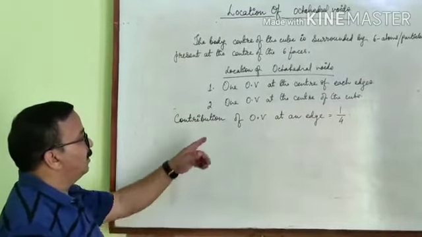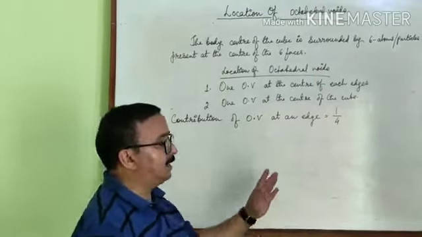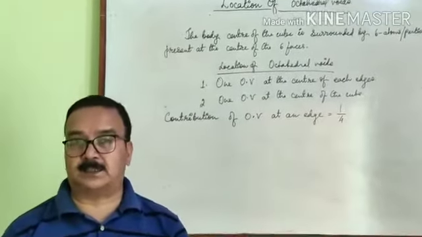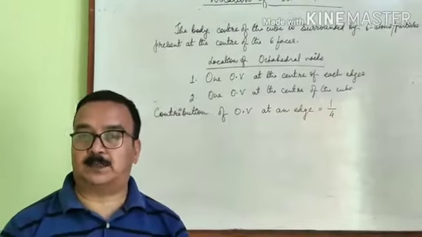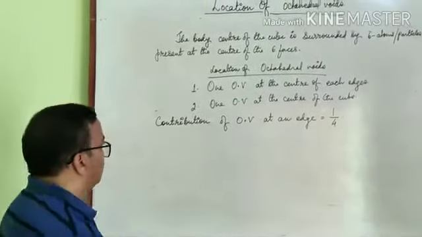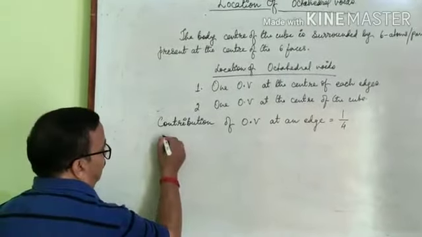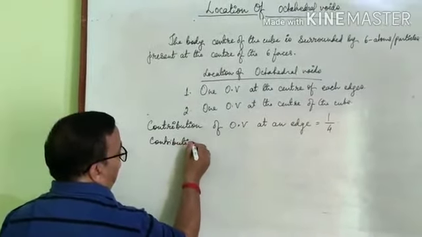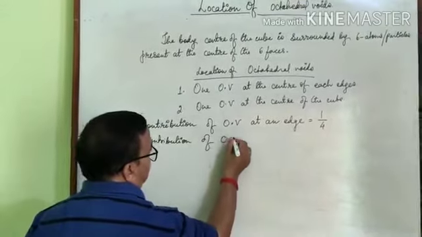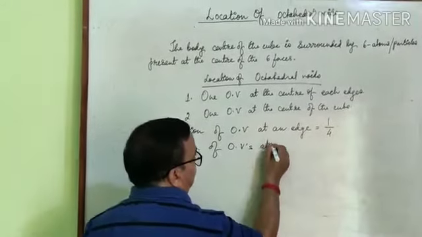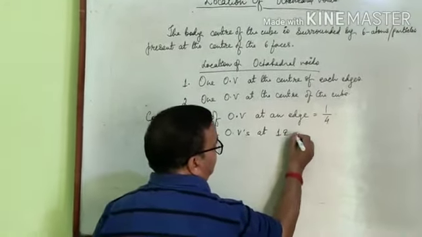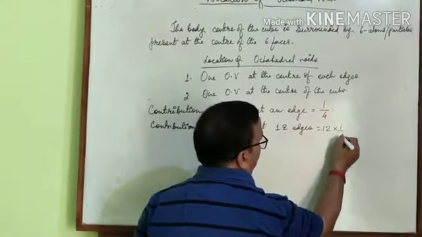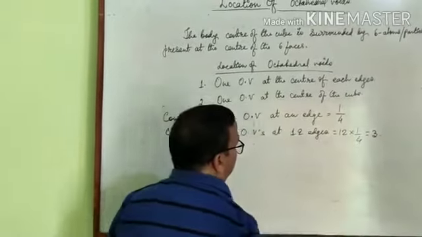Now the contribution of an octahedral void at an edge is 1 by 4 because one edge is shared by 4 unit cells. So the contribution of octahedral voids at the edges: how many edges are there? 12 edges. It is equal to 12 into 1 by 4, that is 3.